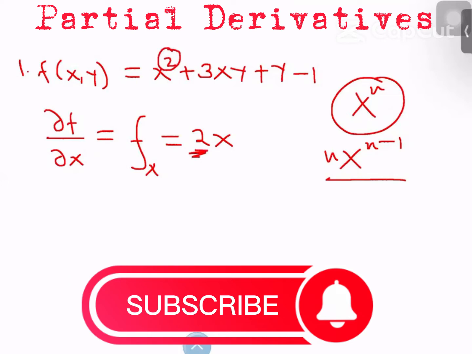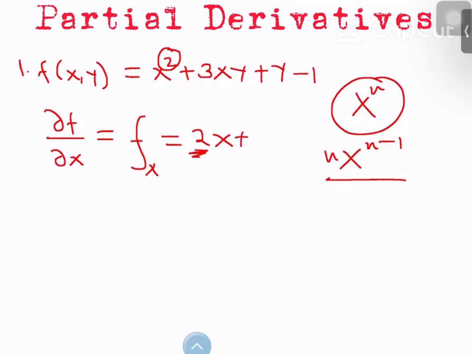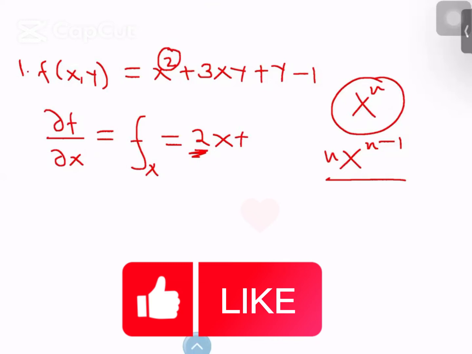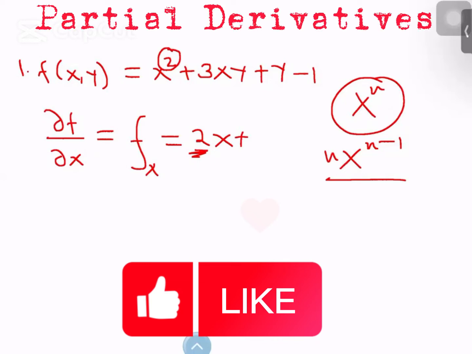And then here now we have a plus 3xy. Do we have an x in this term? Yes, we have an x, and therefore this one we can differentiate. So if we differentiate with respect to x, the term 3xy has a power 1 there.